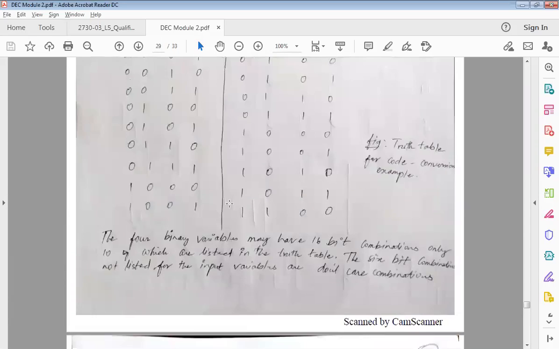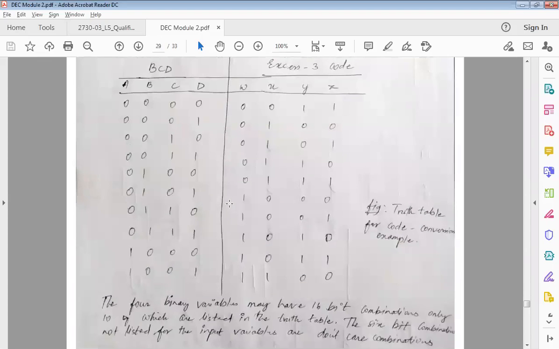Now if you see here, try to compare, let me just annotate. I will now backtrace and make you understand as to how this works.